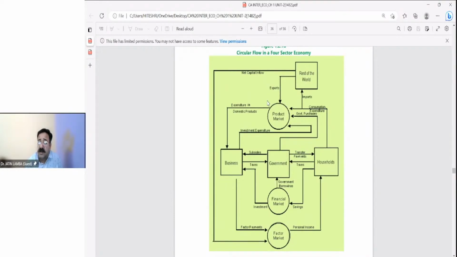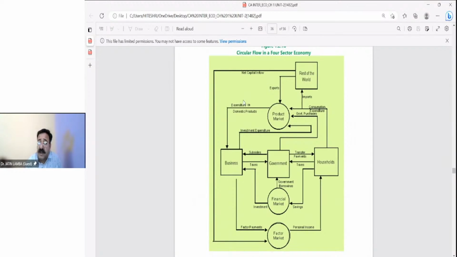From the factor market, net capital inflow means foreign companies also invest in the country. If foreign companies invest in our country, they will invest the money into the factor market, because they will set up their MNCs and their business here, so they will come with the capital flow.